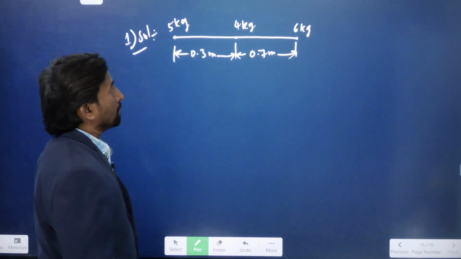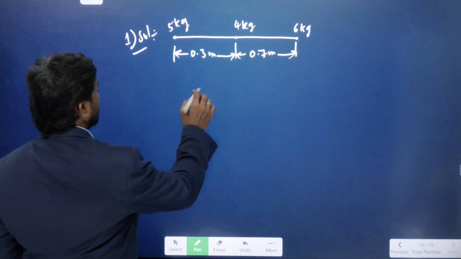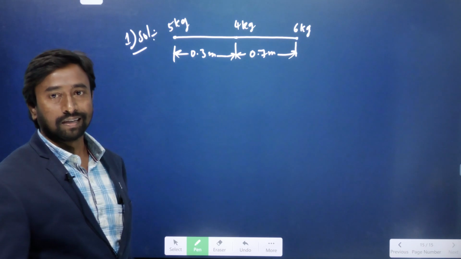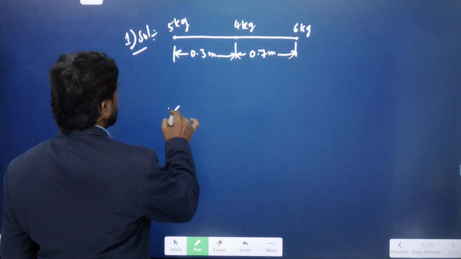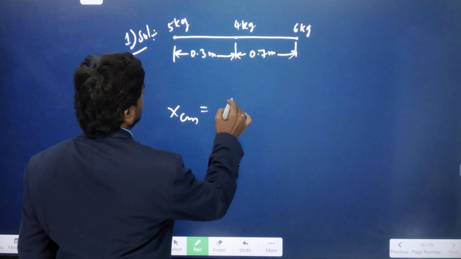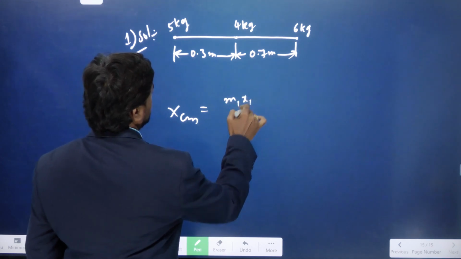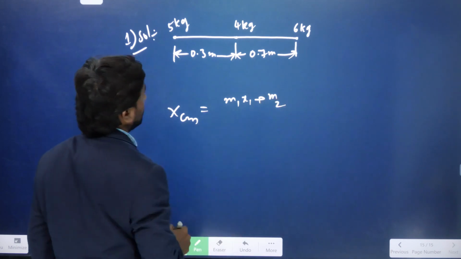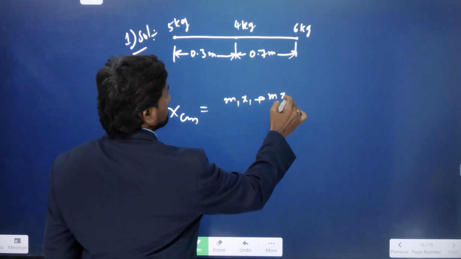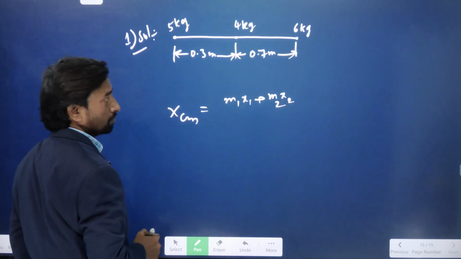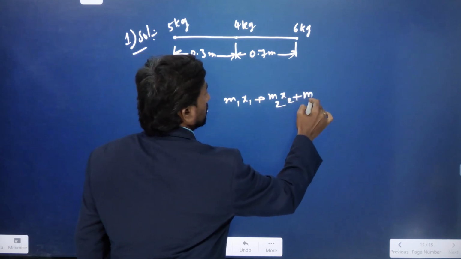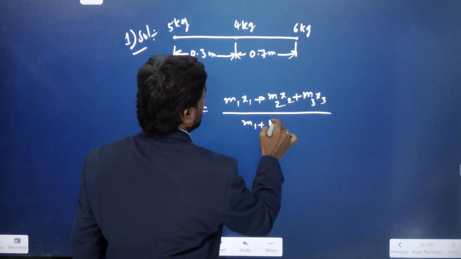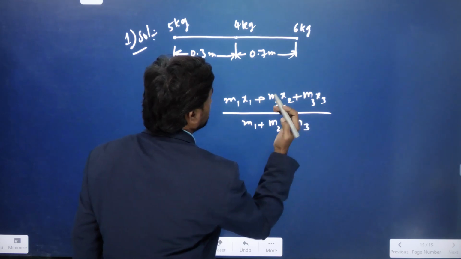So we know the formula for the center of mass of any system of particles which are distributed along the x-axis. We have seen that x_cm is equal to the mass of the first particle times its distance from the origin, plus the mass of the second particle times its distance from the origin, plus m3 into x3, divided by m1 plus m2 plus m3.